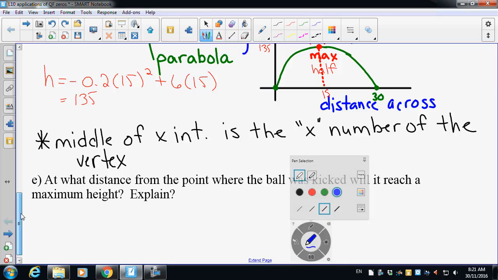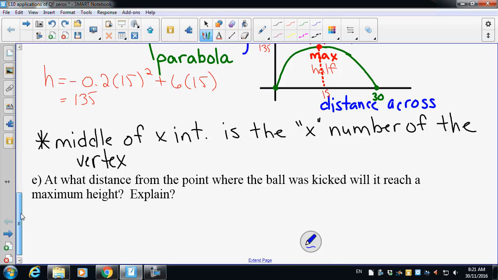So we've got our ball and it's being kicked. Will it reach a maximum height? So the ball is traveling through the air, boom, lands on the ground. There's its maximum. At what distance from where it was kicked will it reach its maximum?